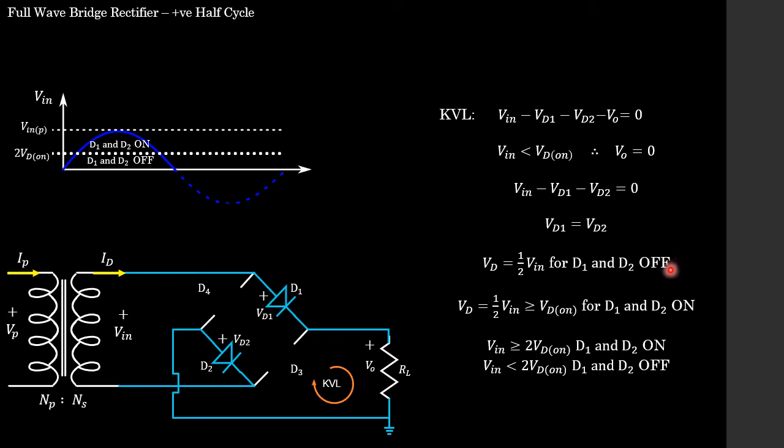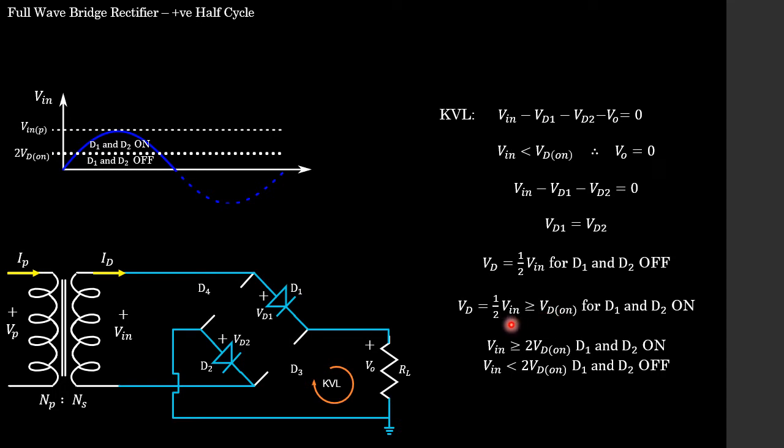So this expression here basically tells us what's going on in this first half of our positive half cycle. Now looking a bit further into this, we know that in order to switch on the diodes, our input voltage needs to be greater than or equal to our diode on voltage. Again, for diode 1 and diode 2 to be on, the diode voltage needs to be greater than or equal to our diode on voltage.